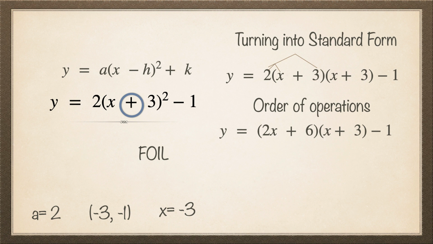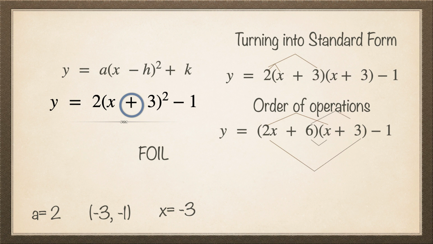Now, I'm going to go ahead and FOIL those 2 binomials, but if you want to use a box method, that's fine. I don't care which way you use, but I'm going to use the FOIL by doing my first, outer, inner, and last.